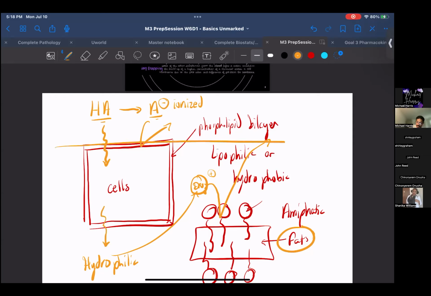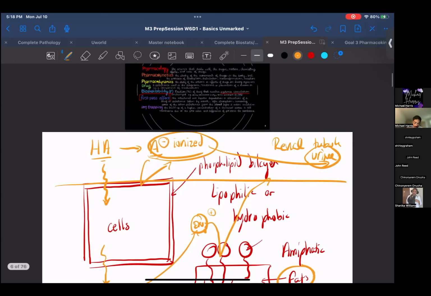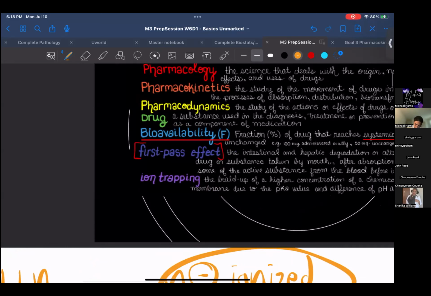So if you were in something like the renal tubule, this ionized form now ends up in your urine, known as ion trapping. Okay? All right, good. So that's exactly what this is here. And we're going to touch on this again later, because that's a very important thing.